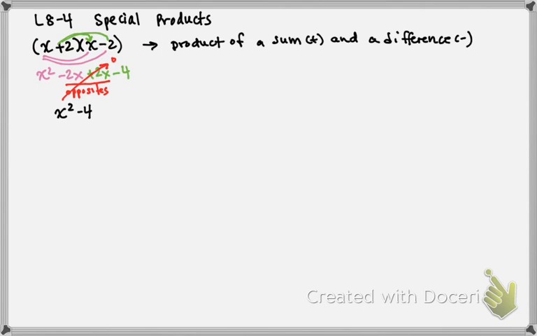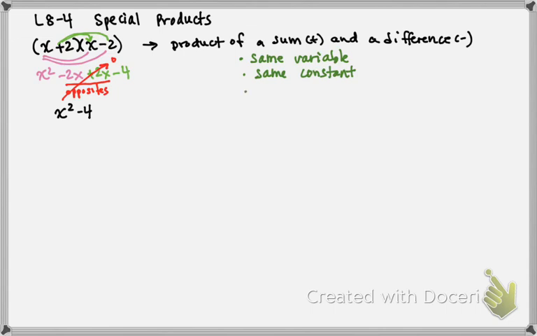Okay? So let me just go back up here and say a couple things. So product of a sum and a difference, we have the same variable. Both were x. We have the same constant. Both were 2.